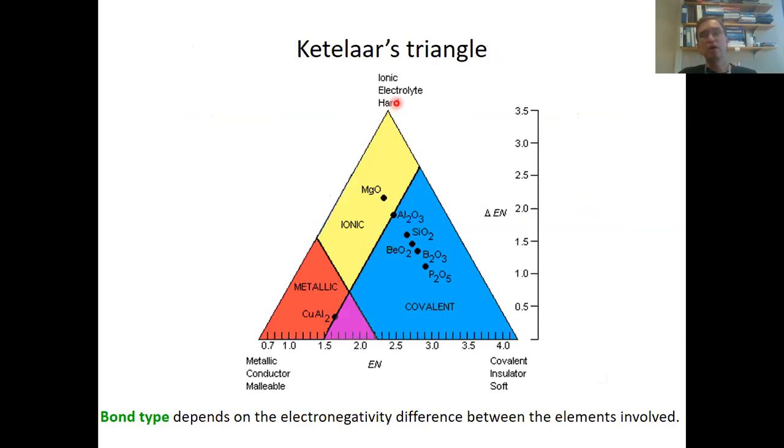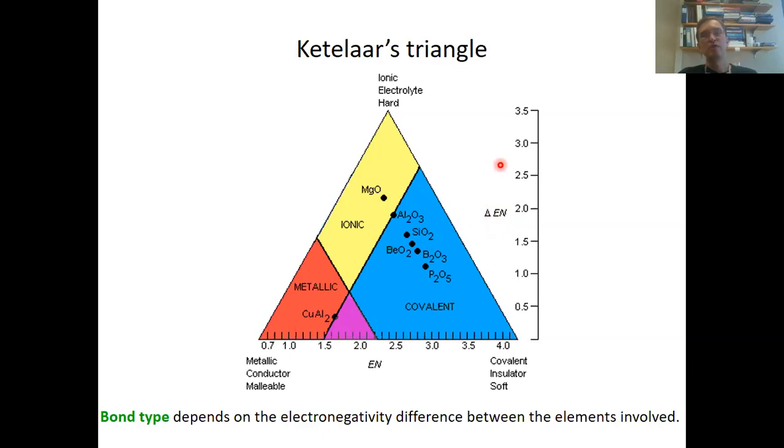In these compounds, the electronegativity difference between the atoms will never be exactly 0. It will always be larger than 0. So therefore, the bonding in the respective compounds has to be at least to some extent polar.